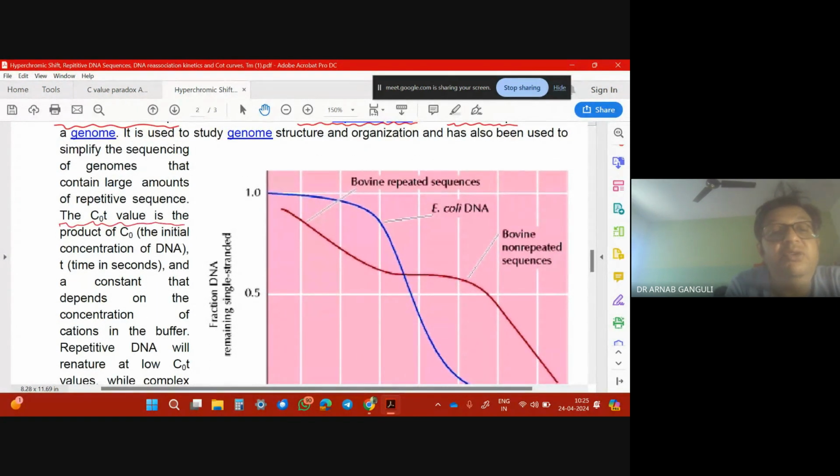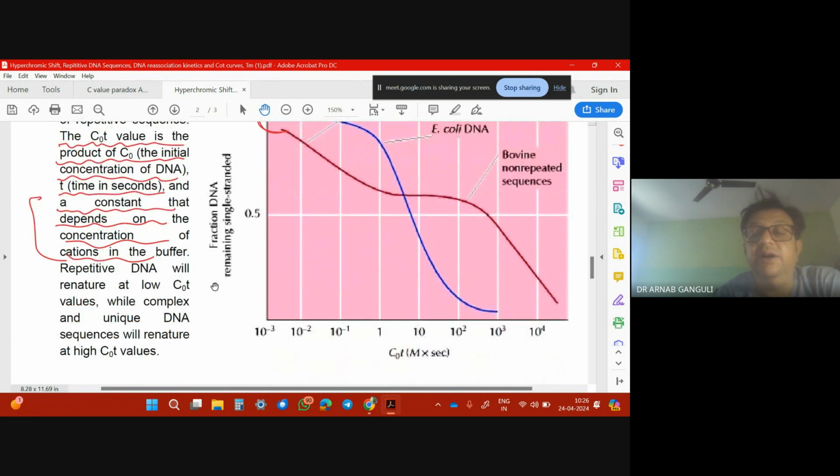The COT value is the product of C0, the initial concentration of DNA, here measuring the initial concentration of DNA in this region, multiplied by the time and a constant that depends on the concentration of the cations in the buffer. This you need not take into account. So moles into seconds, molar seconds.